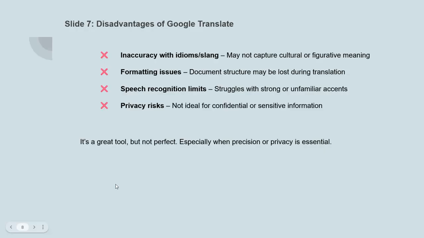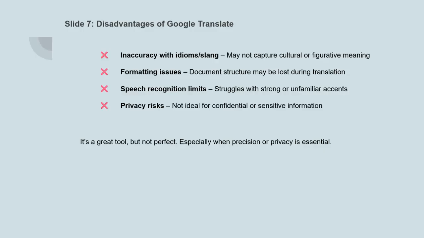Disadvantages of Google Translate. Google Translate does have some limitations. One of them is accuracy when it comes to idioms, slang, and regional dialects, which are often translated too literally or incorrectly. And sometimes the information is not grammatically accurate.